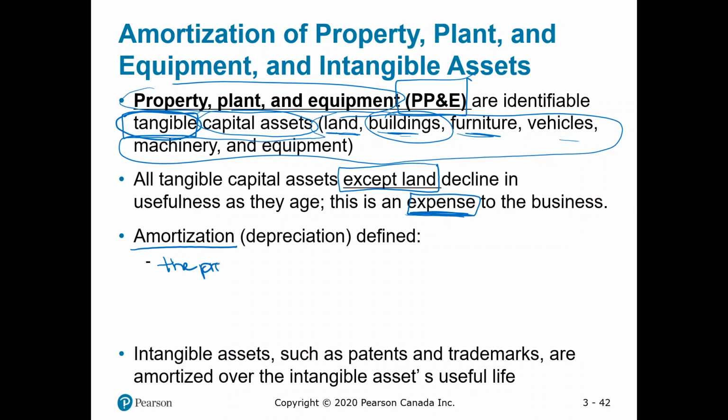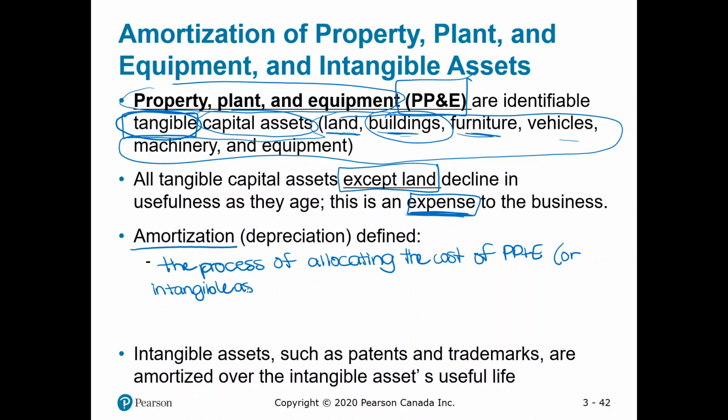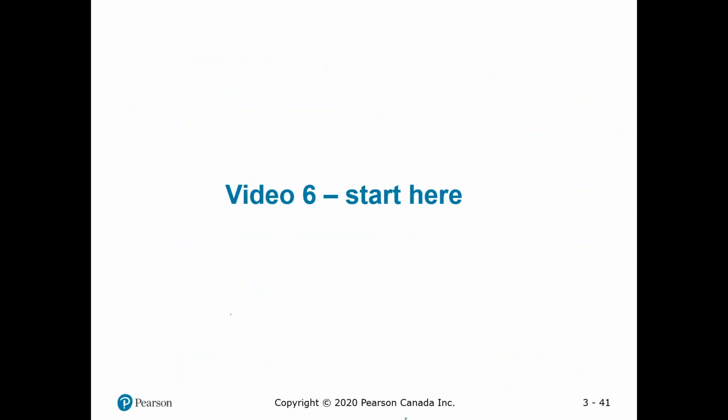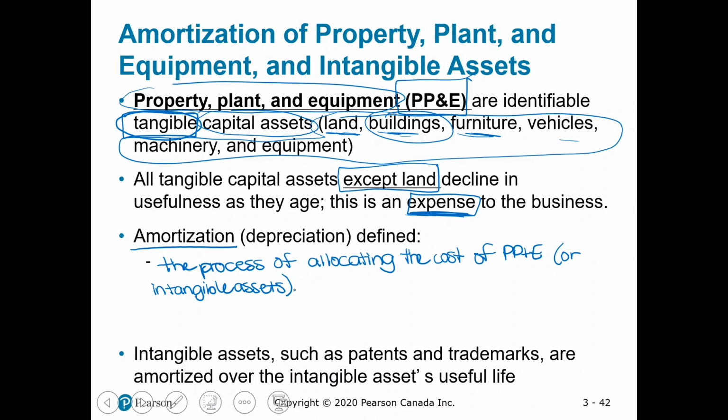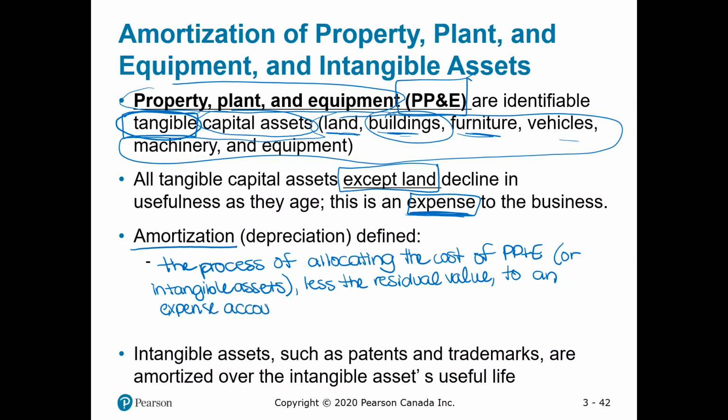It's the process of allocating the cost of PP&E or intangible assets less the residual value to an expense account over its estimated useful life.